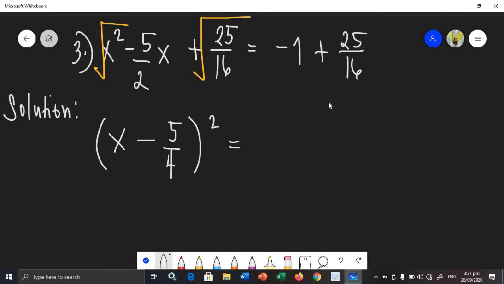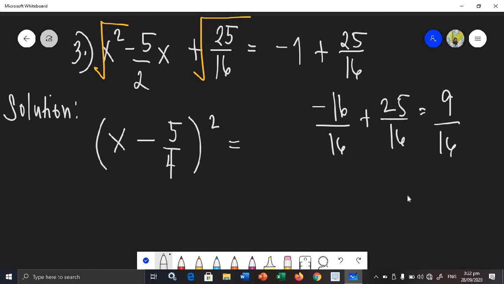Pero ang mangyayari kasi dito, kapag kinompute mo ito manually, papakita ko lang ng slide, pero if you want, you can just use your calculators in solving this part. Ayan, negative 16 over 16 plus 25 over 16. Ganyan lang mangyayari dyan pag kinompute natin ng manual. So, negative 16 plus 25, that is 9 over 16.